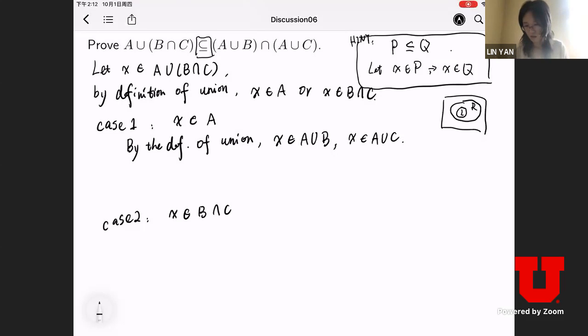So you cannot use the equivalence table to prove it. But if you can prove that whatever X you pick from the left also belongs to the right, then it means the left is a subset of the right.